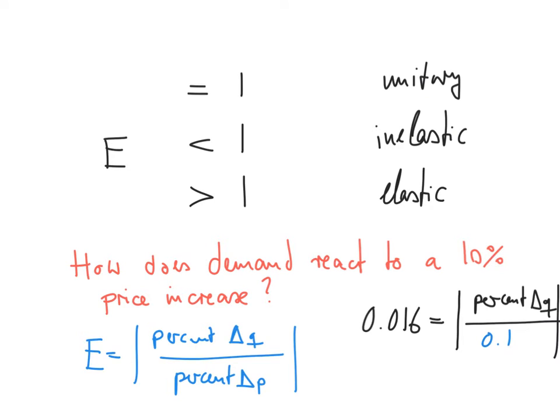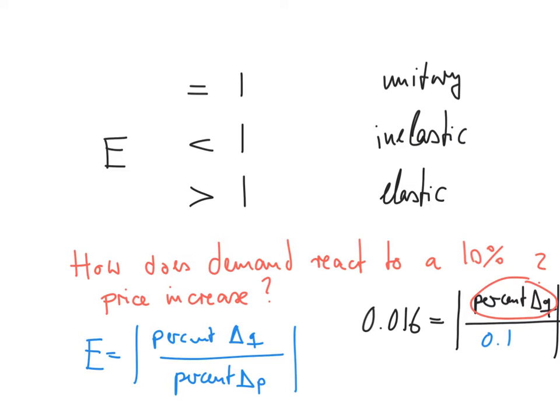And this is what we want to know. This is our unknown. But we can compute this simply now by bringing all the other terms to the other side, and we get a number there we can compute. If we bring this to the other side, we just multiply both sides by 0.1.